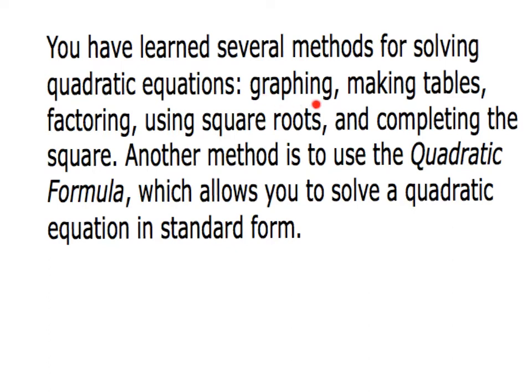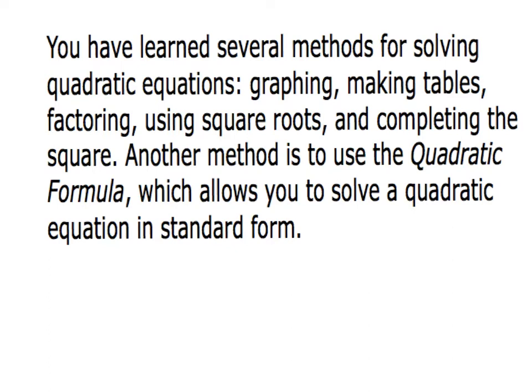So by a graph, by making a table, looking to see where the y value equals 0, by factoring and using the zero product property, by using the square roots, which we called extracting the roots, by completing the square, which we just finished. Well, today we have the final method, and that method is called the quadratic formula. So today we're going to learn how to solve quadratic equations using the quadratic formula.